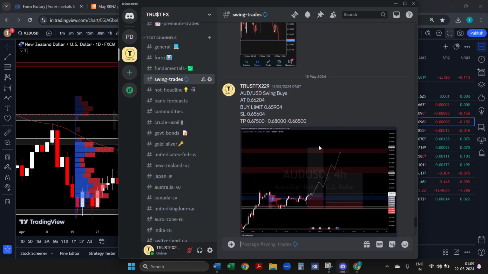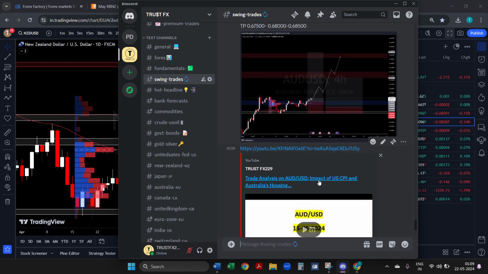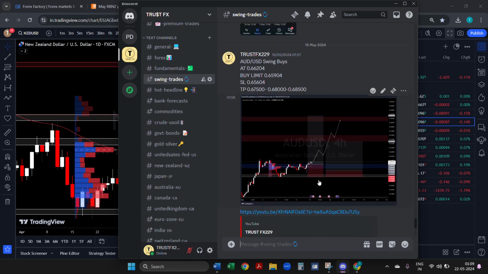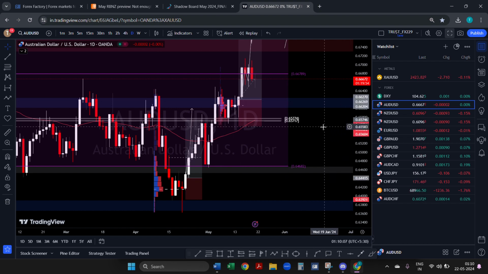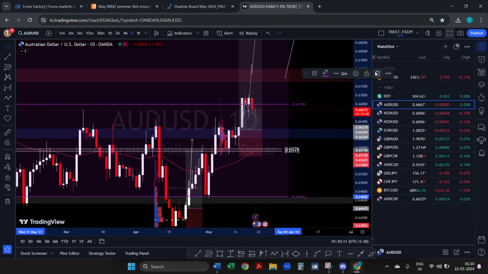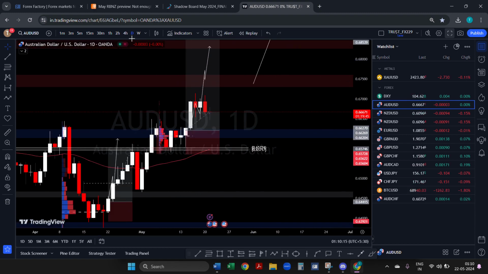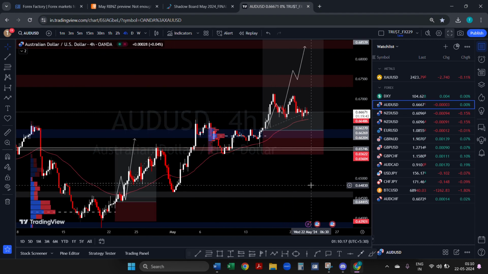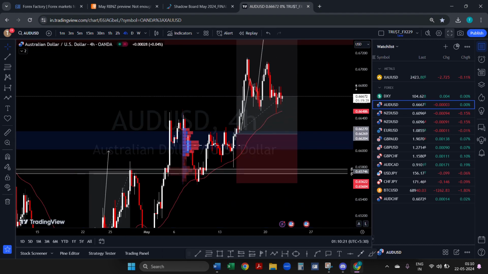So yeah, this trade we posted in the last video, the AUD USD swing buys, is still running. So yeah, let's see where it goes. Once again, this big area. So guys, as you can see, this trade is still running and has been running for 40 45 hits.